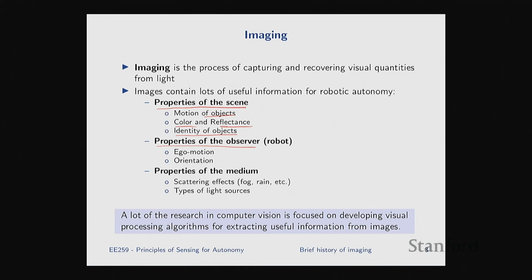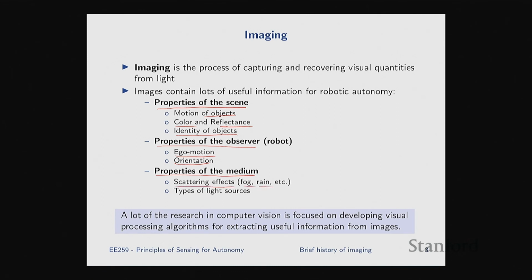You can recover things like ego motion, like whether the platform was stable or static, or was moving. Looking at a few frames of images from a video camera can tell you a lot about that. Even the orientation of the robot can be deduced from images. And finally, you can get information about the properties of the medium, things like scattering effects.